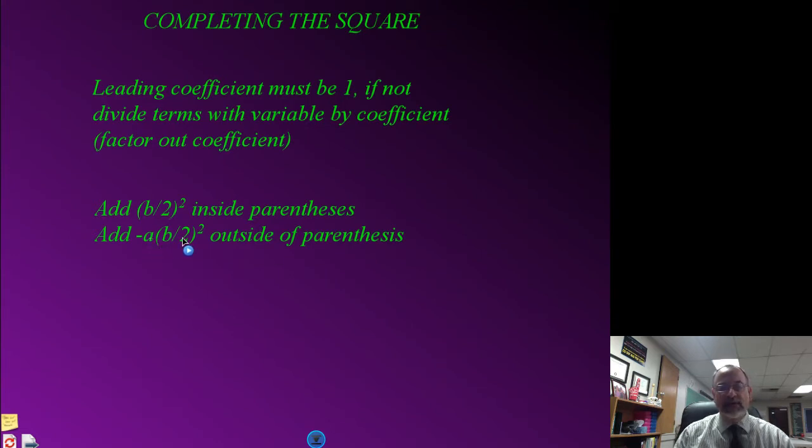So what I add outside is actually a times that b over 2 value that I added on the inside. And again, that probably sounds confusing, but when I show you an example, hopefully that'll make sense. And then we go ahead and factor the inside parentheses, which is now a perfect square, thus completing the square and putting the expression in vertex form.